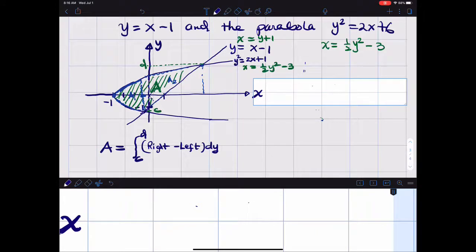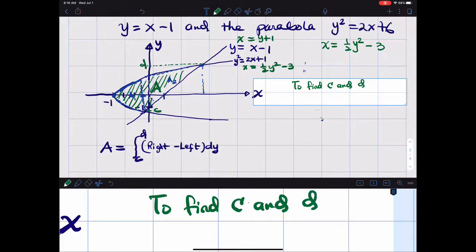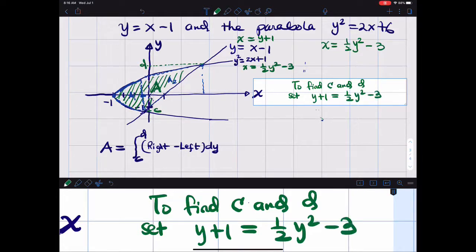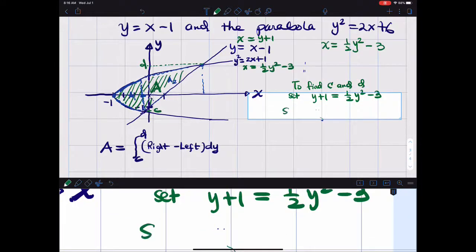How do we find c and d? To find c and d, you want to set the two equations equal to each other. So you want to set y plus 1 equal to 1/2 y squared minus 3, and then solve for y.